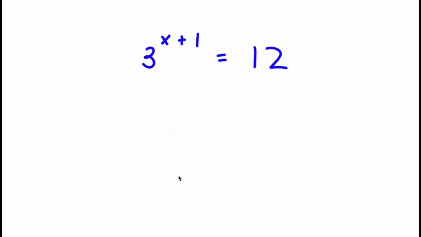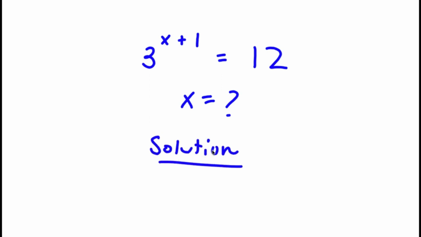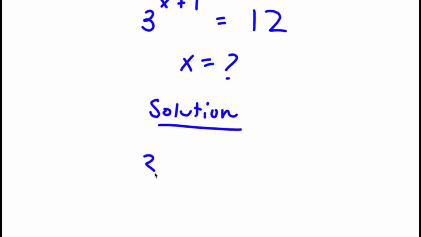Alright guys, so I'm going to be solving 3 to the power of x plus 1 is equal to 12. So right here, I want to find the value of x. So for my solution, I'm going to first start with 3 to the power of x plus 1 is equal to 12.